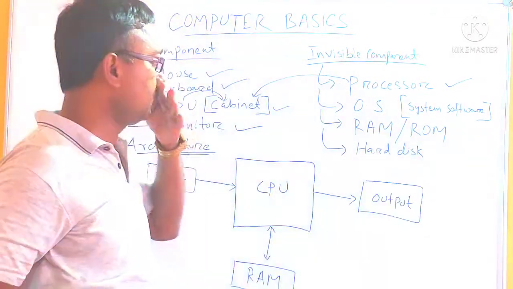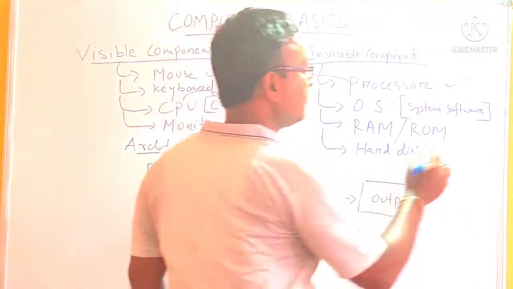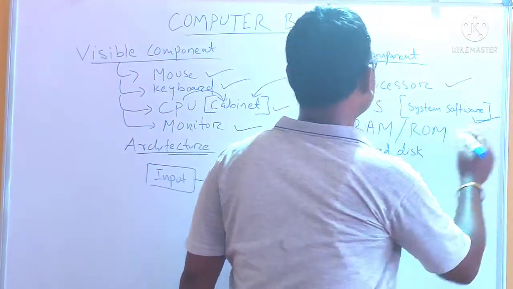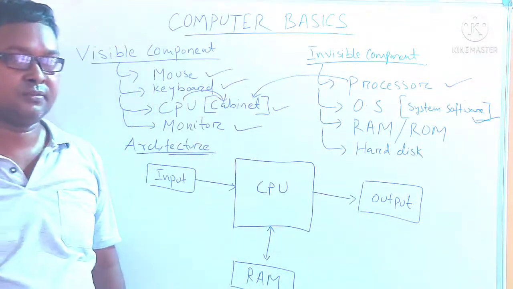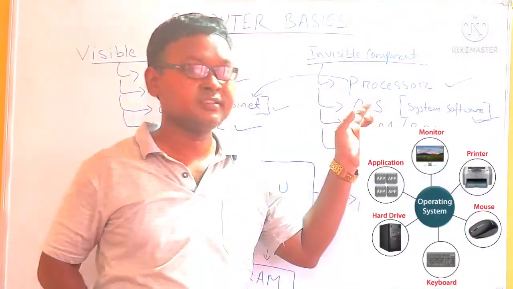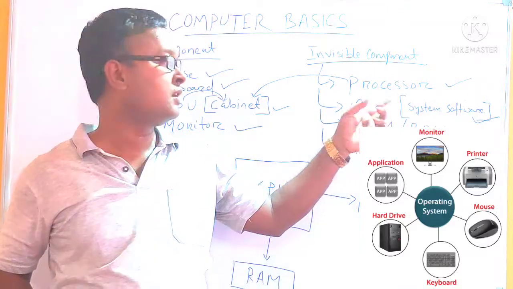The next, very important thing of your computer system is your operating system, in short the OS. It is a system software.